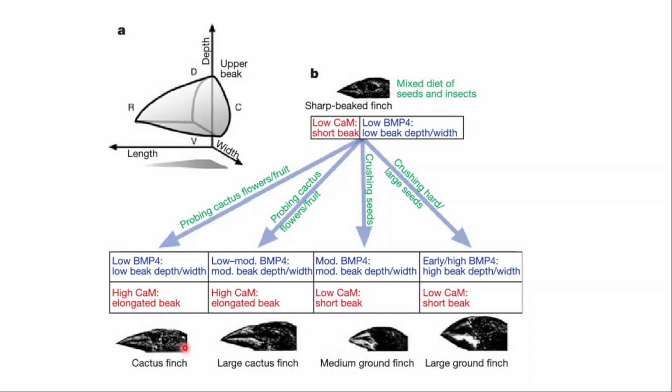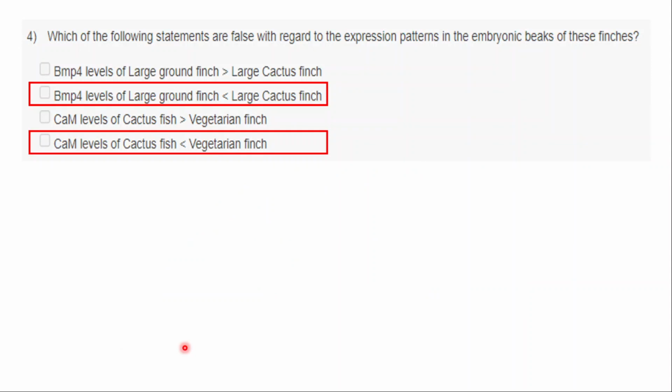And for a vegetarian finch, in our question we had large ground finch and large cactus finch. So let us see BMP levels between large ground and large cactus. We just learned that BMP level means width of the beak.